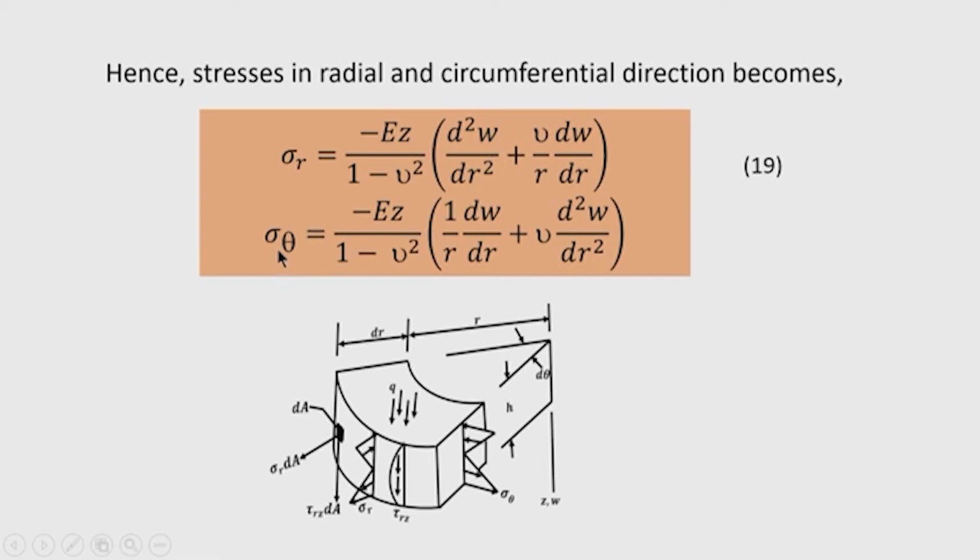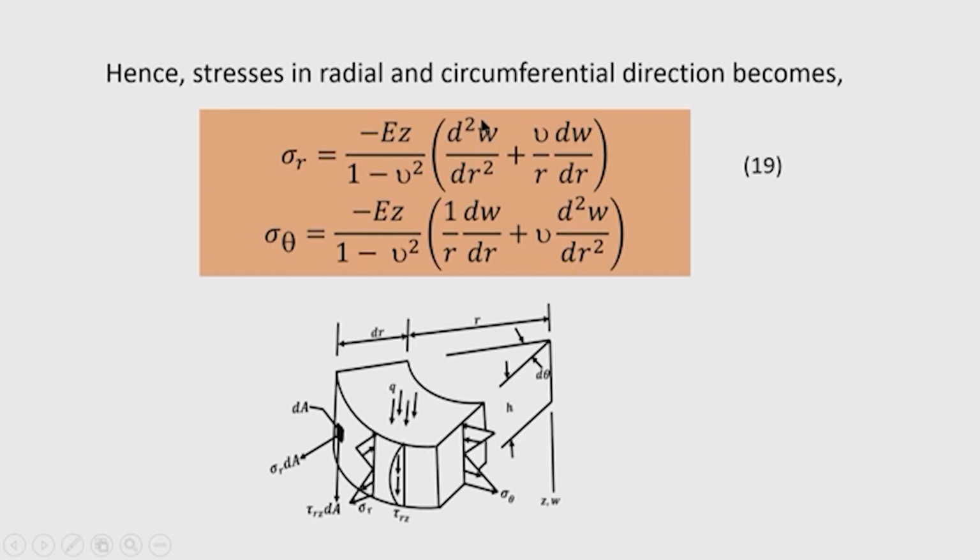Similarly, sigma theta, the stress in the circumferential direction, can be written as minus E z divided by 1 minus mu square, bracket 1 by r dw by dr plus mu into d square w by dr square.